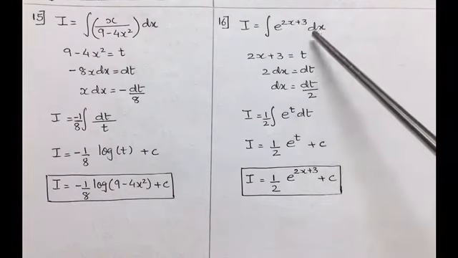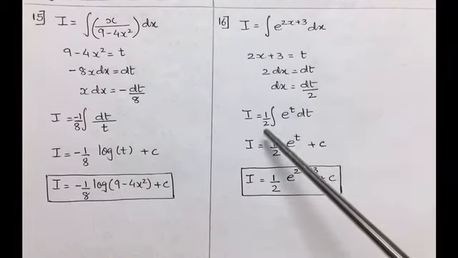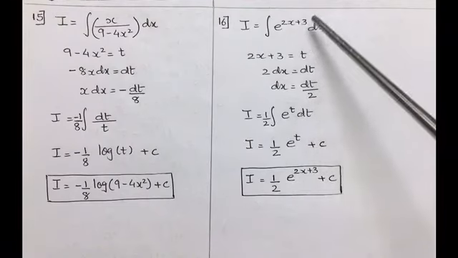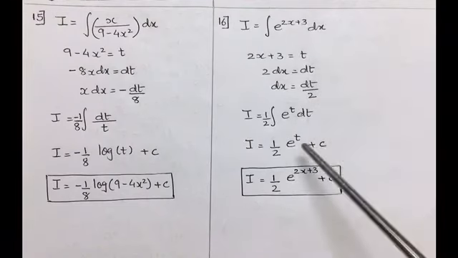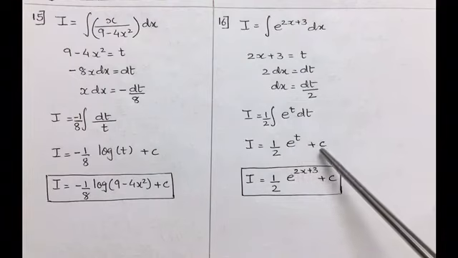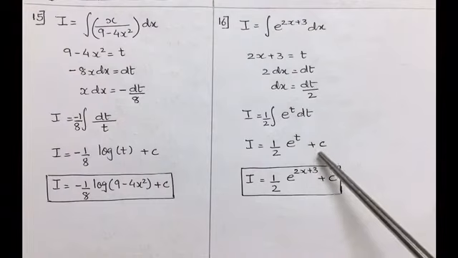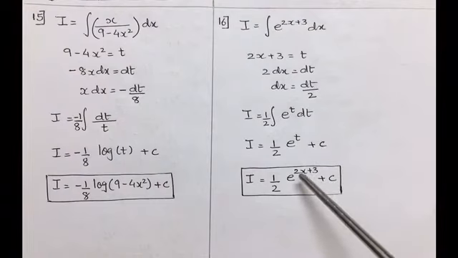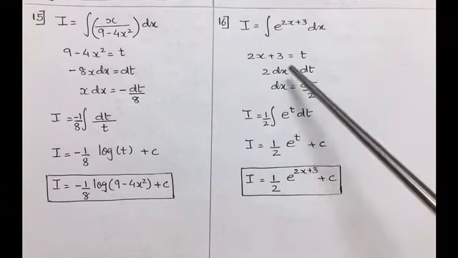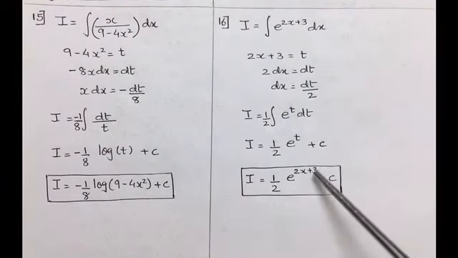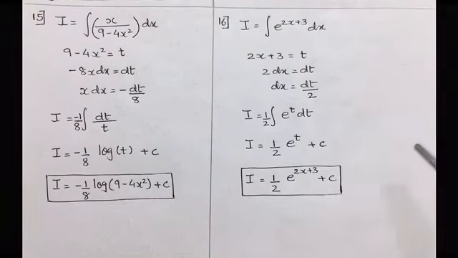Keeping all these values in the example, we get I is equal to half integration e raised to t dt. Integration of e raised to t becomes half e raised to t plus c, because integration of e raised to t is e raised to t plus c. Now putting the value of t as 2x plus 3, we get I is equal to half e raised to 2x plus 3 plus c. So this is the final answer.